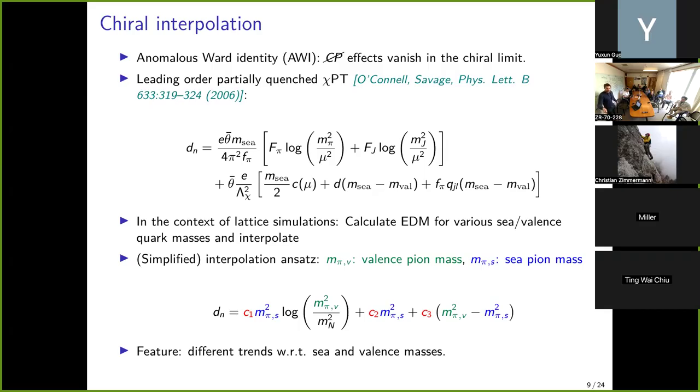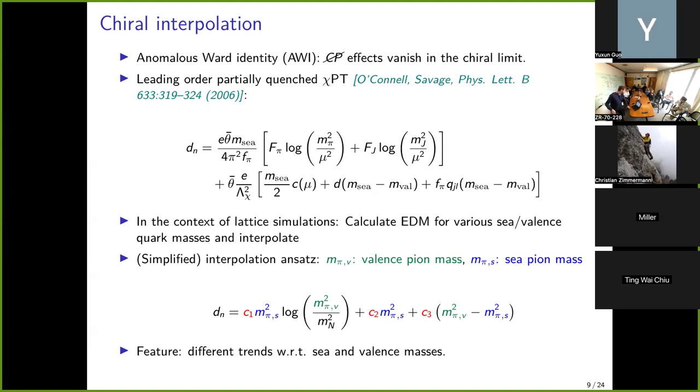The important feature here is that you have different behavior with respect to the valence pion mass and the C pion mass, because if you decrease the C pion mass, this term decreases as well, but if you decrease the valence pion mass, the term increases. This is something we will see in the lattice table later.